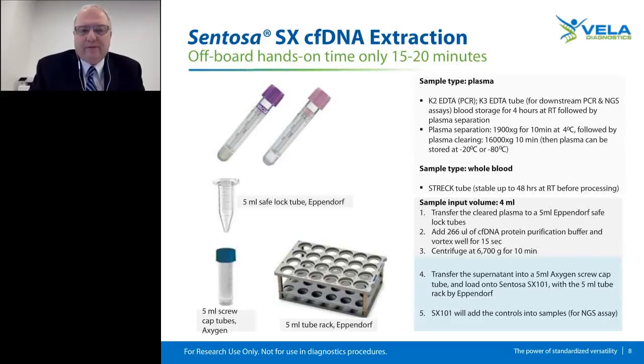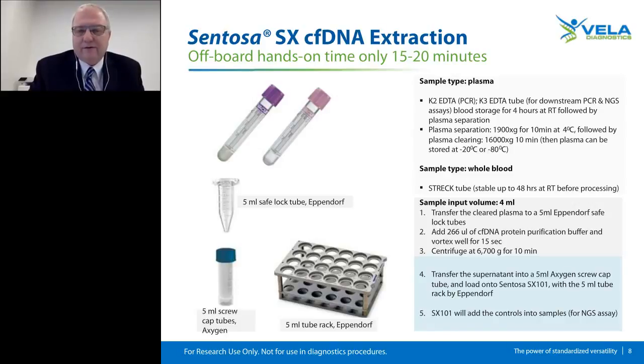As I had mentioned earlier, the Sentosa SX cell-free DNA extraction includes off-board hands-on time of only 15 to 20 minutes. We've extensively investigated the types of tubes to be used in this system. The 3 types of tubes that we recommend are, first, the K2 EDTA tube, which is to be used for PCR. As we started to investigate the tubes, we noted that the K2 tube was not providing adequate results for next generation sequencing.